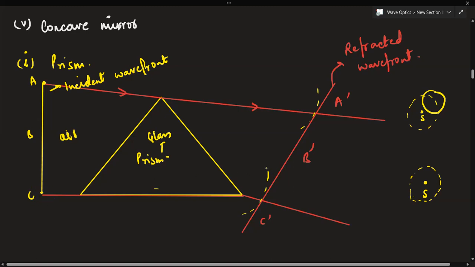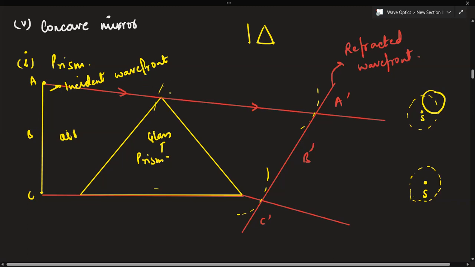So that's why we get a wavefront over here only. Whereas in case of point A, actually this should have been drawn like this. If this is the prism, this is the wavefront. Both are neck to neck parallel. Now see, for the upper part A, this travels through the minimum thickness of the glass prism.